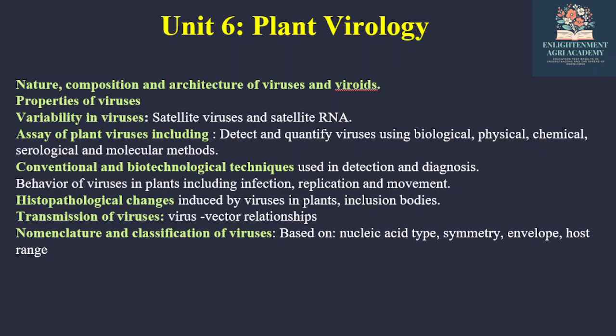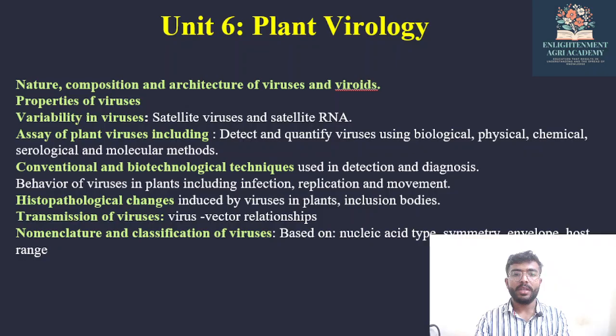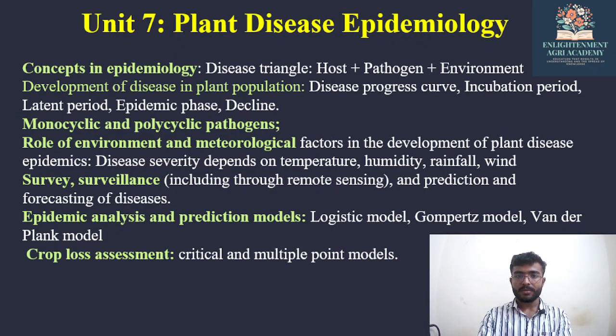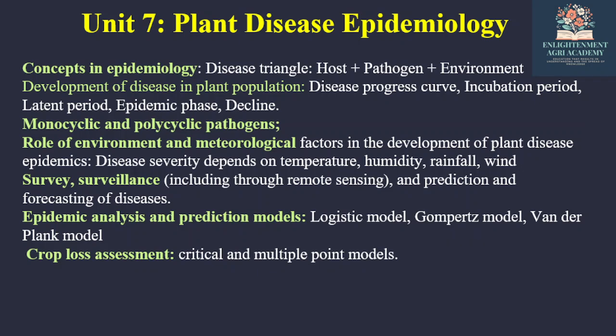So now we will discuss the 7th unit, that is plant disease epidemiology. So the concept of epidemiology, what is meant by epidemiology, what is meant by disease triangle, which we already discussed: host, pathogen, environment.